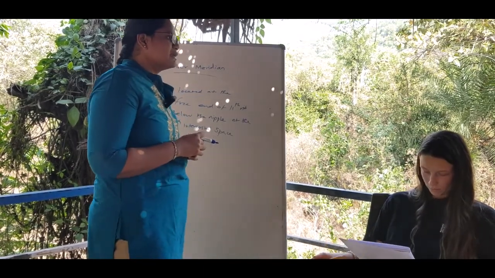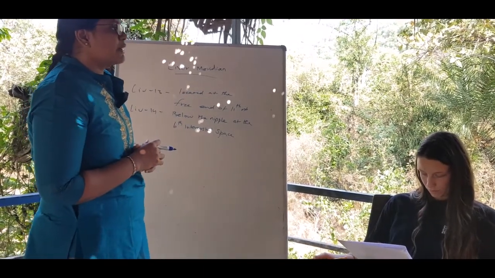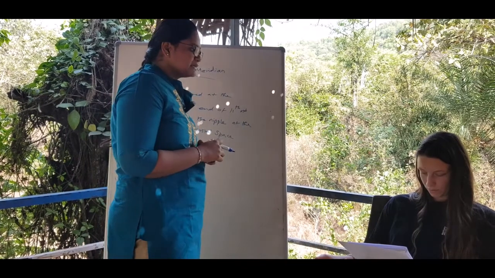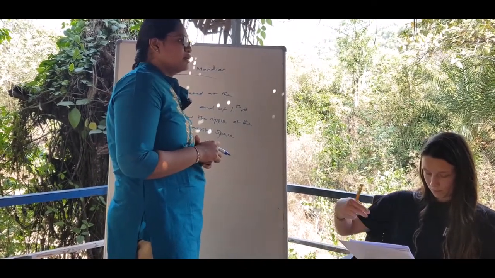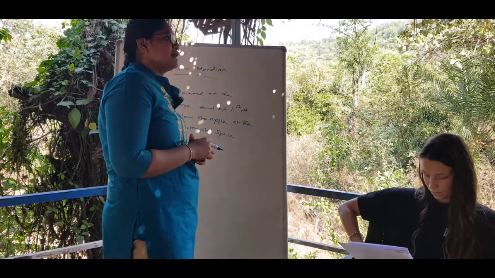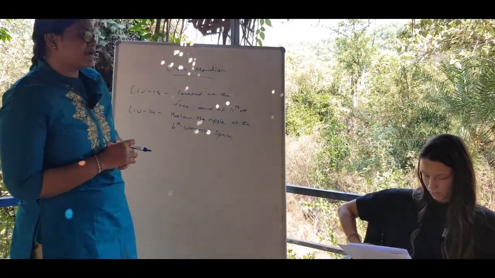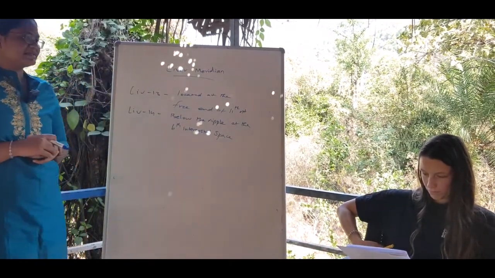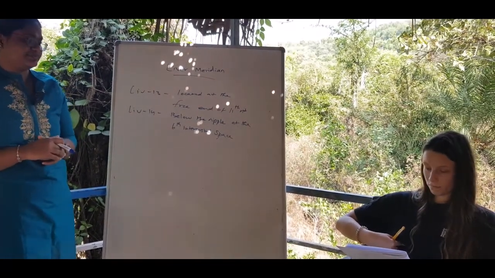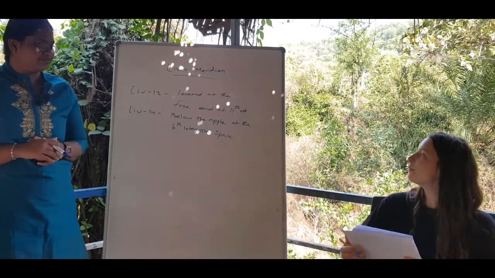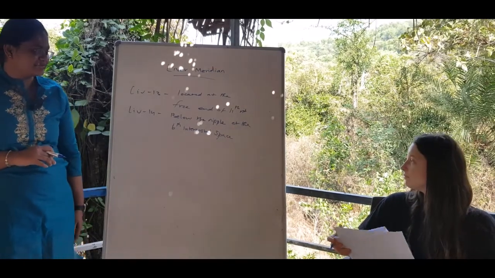Liver 12 is 2.5 chun lateral to the pubic symphysis, liver 13 is at the free end of your 11th rib, and liver 14 is at the 6th intercostal space, just below the nipple. Okay, this is the liver meridian.